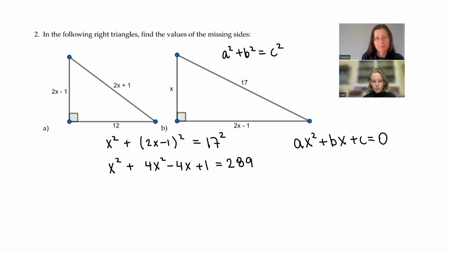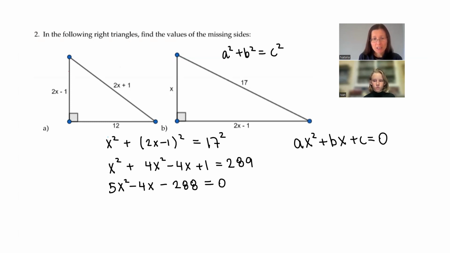So we'll have 5x squared minus 4x, and then in order to achieve 0 on the right, we'll have to subtract 289 from both sides. So we'll have minus 288. Yes, 1 minus 289 becomes negative 288. This is equal to 0.